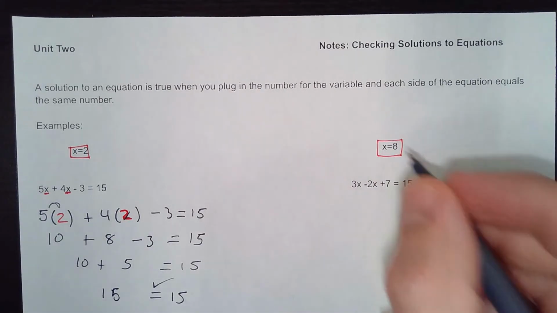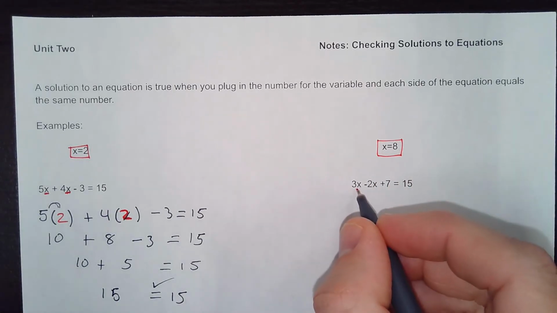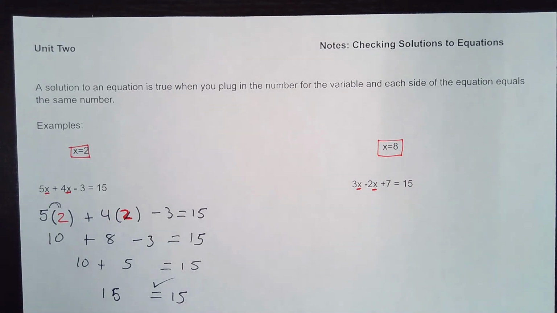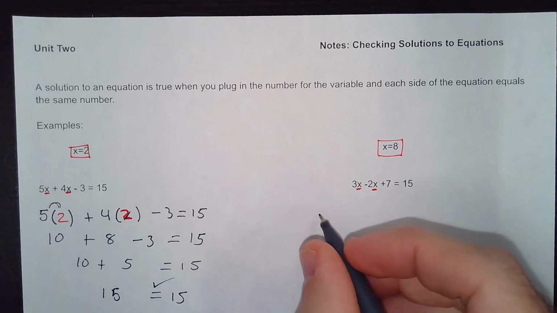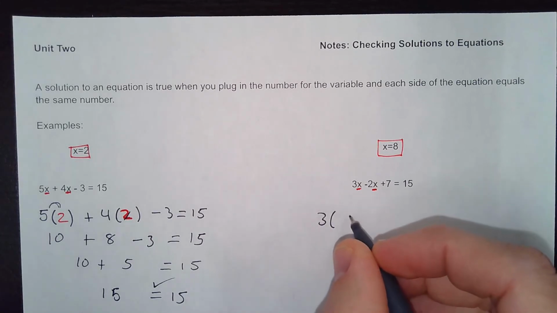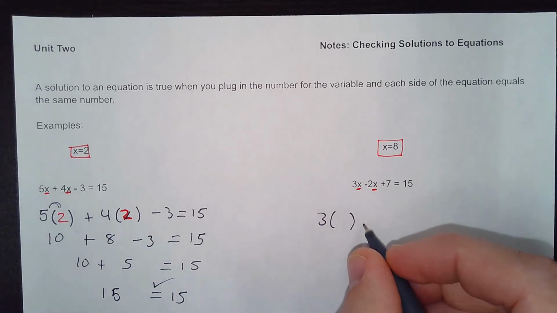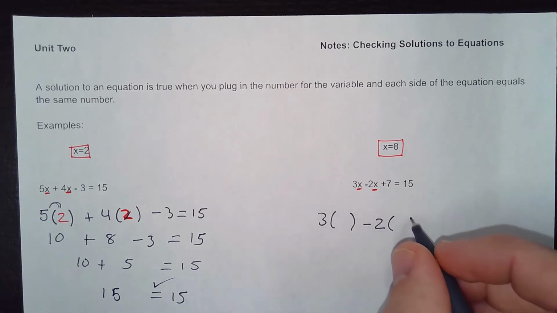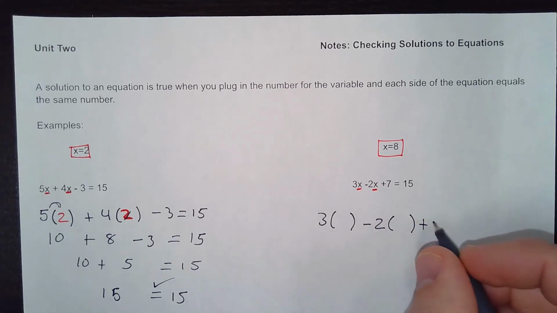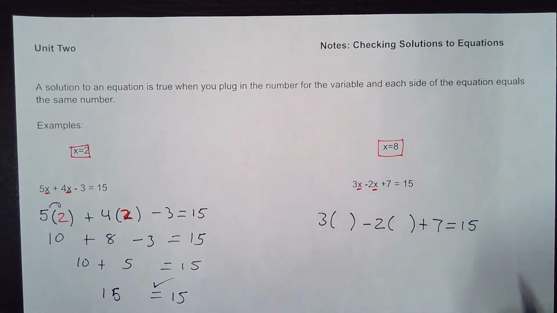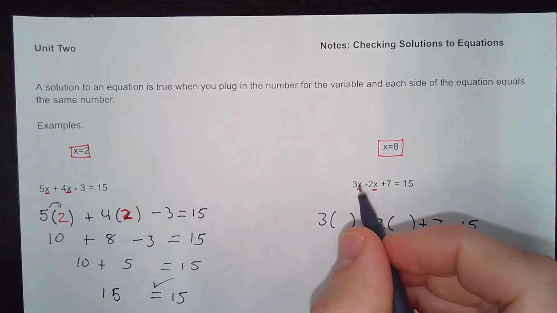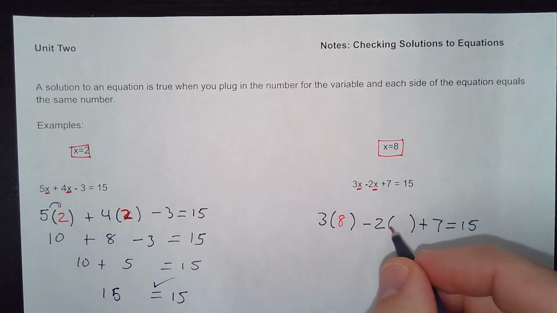So let's do the same thing here. x equals 8. Find our x's in here. We're going to rewrite this equation, but instead of x, I'm going to put a set of parentheses: minus 2, and instead of x, parentheses plus 7 equals 15. So x becomes 8.